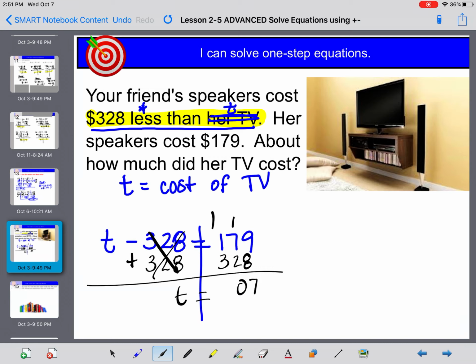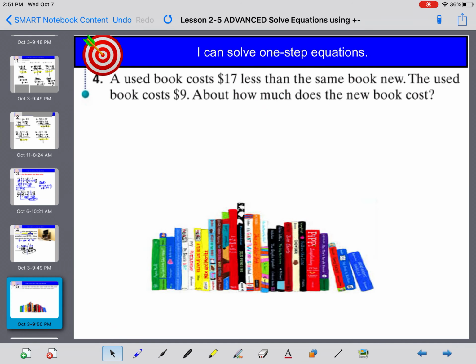Then I get 7, 9, 10, carry the 1. $507 is the cost of those speakers. Okay, pause the video and try this one on your own. It's very similar in setup. See if you can handle it and then compare your answers when you come on back.